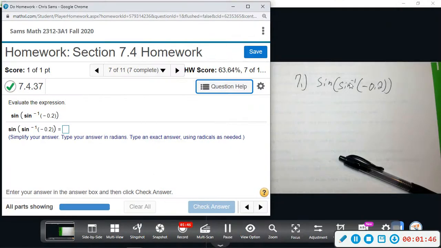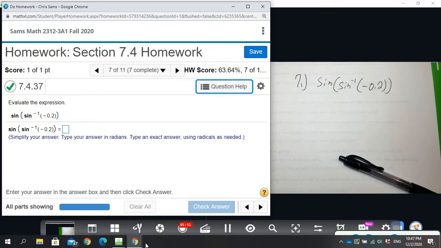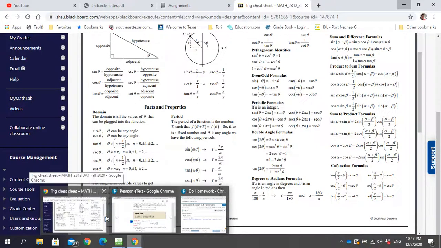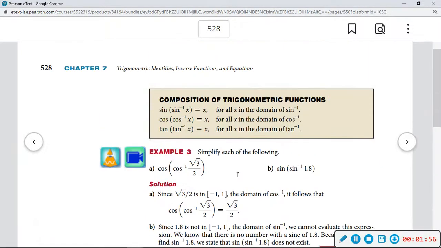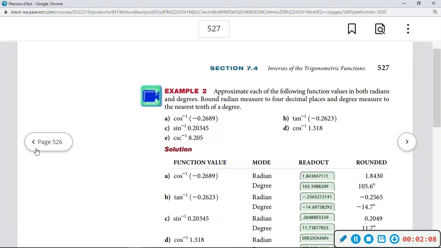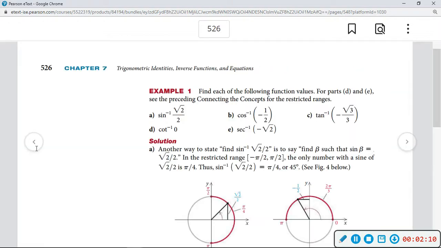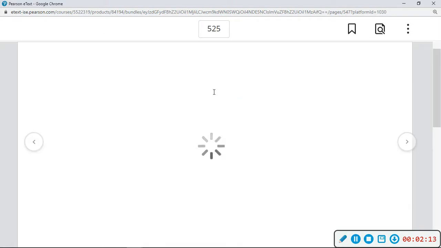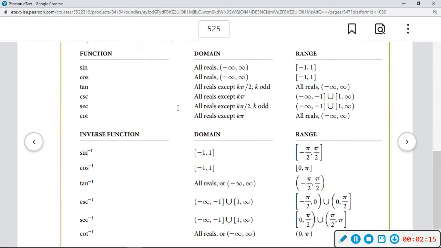We're going to start with sine inverse. So we're looking at this case here, sine inverse. X is in the domain. So we have to be between, if I go back a few pages, page 525, for inverse sine, negative pi over 2 and pi over 2.